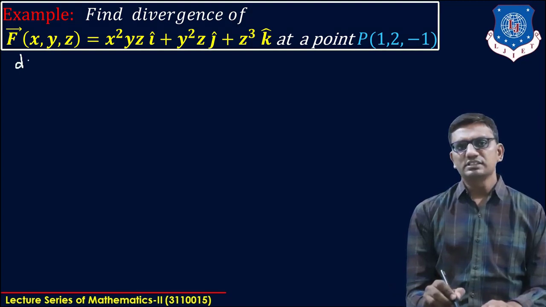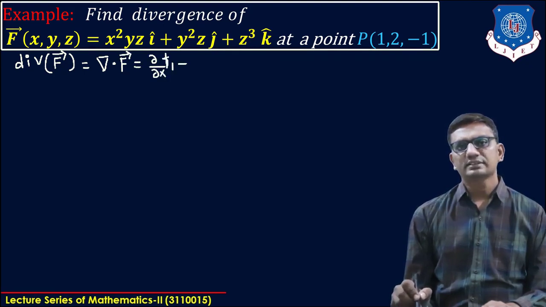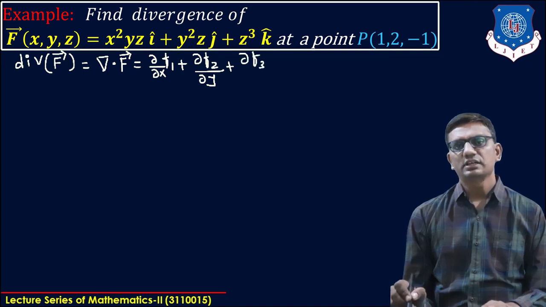Divergence of f bar is equal to del dot f bar, which is a scalar quantity, del f1 by del x plus del f2 by del y plus del f3 by del z.